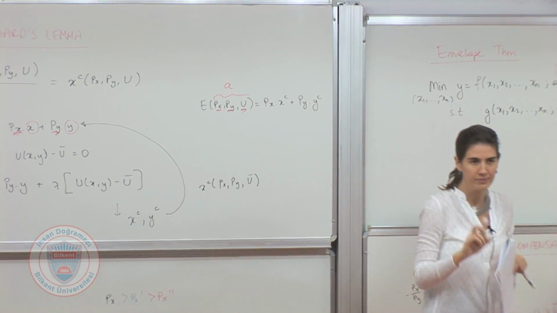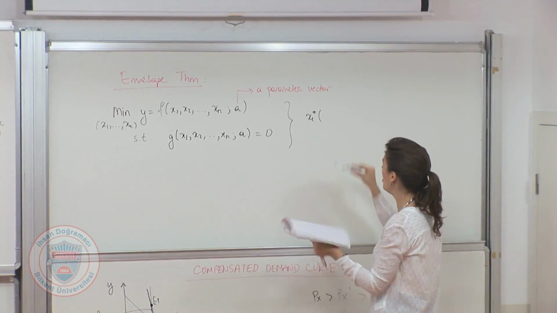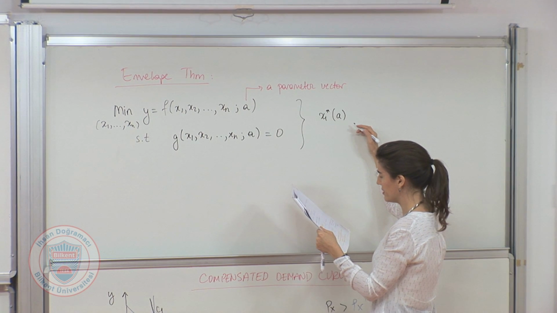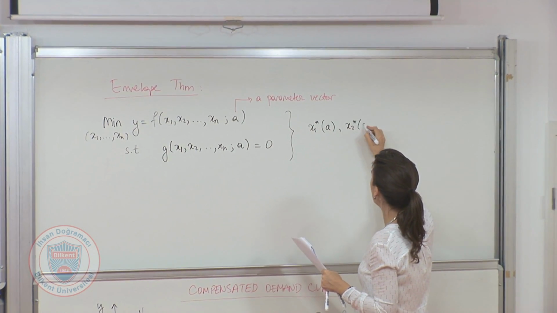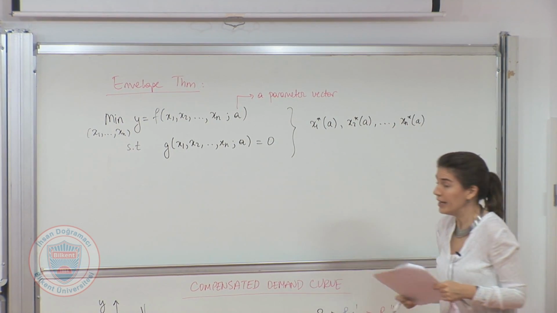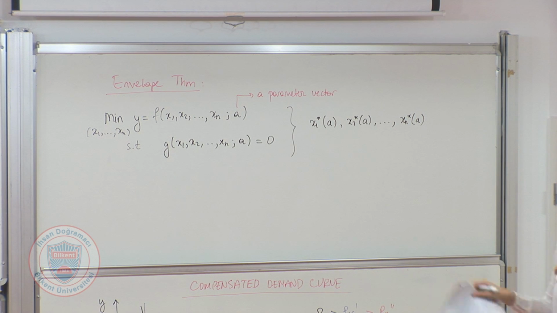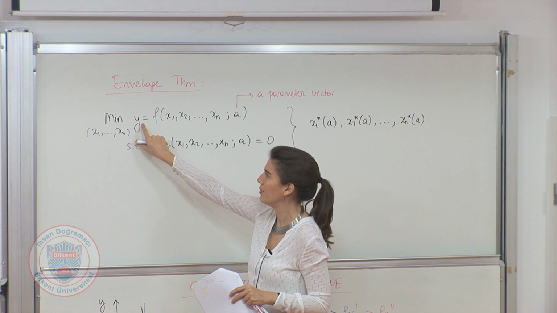It's a vector. So you see that these guys will be a function of these parameters, okay? x1 star of a, x2 star of a, xn star of a.